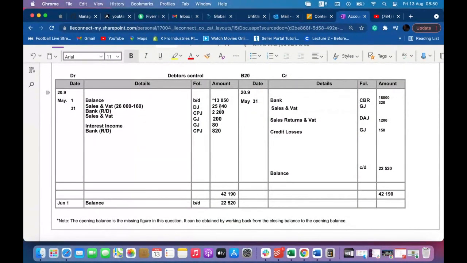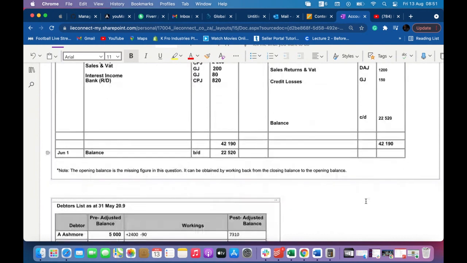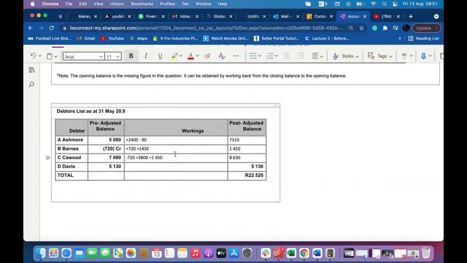In the question, they told us that the opening balance is wrong, and you saw I removed the opening balance that we had. So what we did is we first corrected all the errors and entered all the omissions into both the debtors control and the debtors list. We then figured out, what is the new total on the debtors list?